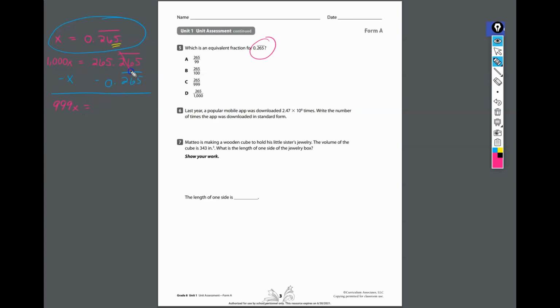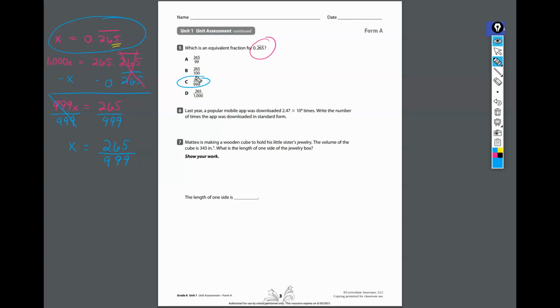And all that I'm doing here is taking off the repeating portion to give me 265. At this point, you should be familiar with solving equations, and we're going to divide by the coefficient, which is 999. Coefficients cancel out, and my final answer is 265 divided by 999, which is C.